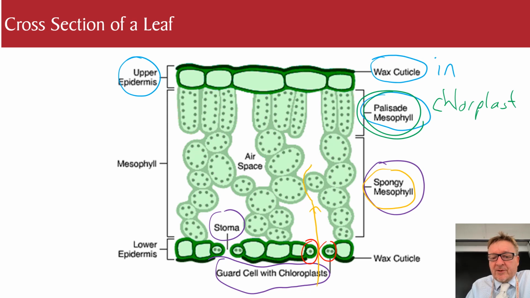Carbon dioxide diffuses through, aiming to get to the chloroplasts. So the spongy mesophyll allows the carbon dioxide to work its way through. Once photosynthesis has happened, oxygen comes out of the chloroplasts and by diffusion comes back out of the stoma.